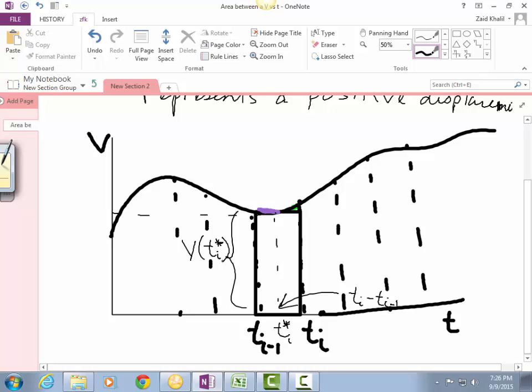So therefore, the area of this rectangle, which remember, we adjusted so that it's precisely the area under this curve. So the area under the curve is going to be the area of that rectangle, which is v of t_i star times t_i minus t_i minus 1.